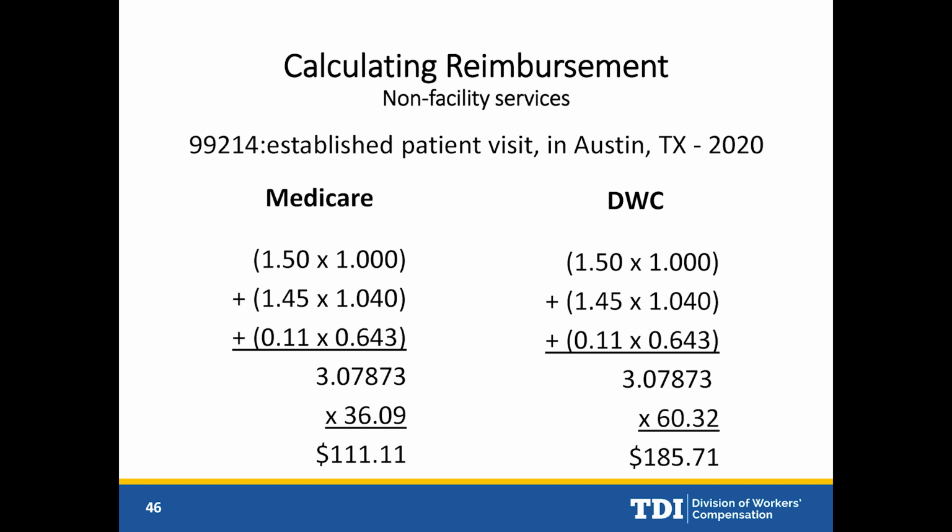So you complete that calculation, and those RVUs and GPCIs, by the way, are available on the Medicare website or through Novitas, the Medicare administrative contractor. So you do that calculation, which comes up to 3.07873.